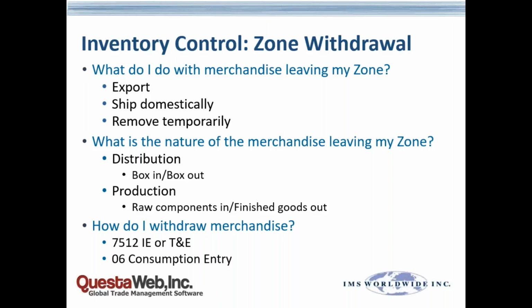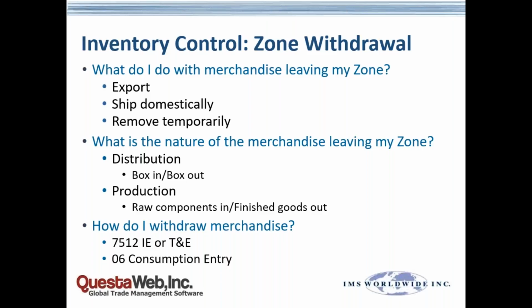The other is, what is the nature of the merchandise leaving my zone? I mean, this is a lot simpler if I'm dealing in a distribution environment where I have true boxes in and boxes out. I know that I'm bringing in product A, and product A is always going to be product A, even at the point when I send it back out to my customer.